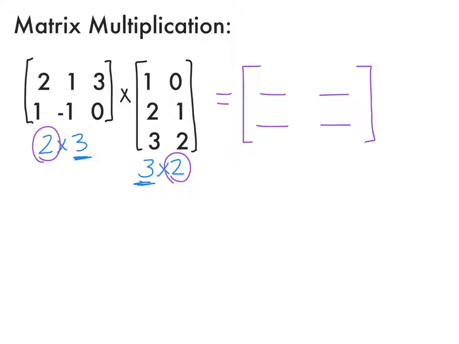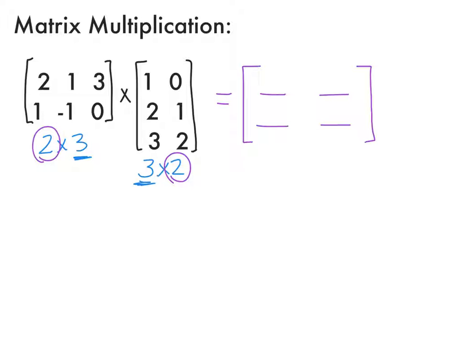So the third thing, I think I'm on 3. If I'm not, whoops. So the third thing is, in order to find this number right here, you have to do a couple of steps. So I always like to think of it like going across and down. So what goes in this spot is going to be this times this plus this times this plus this times this.